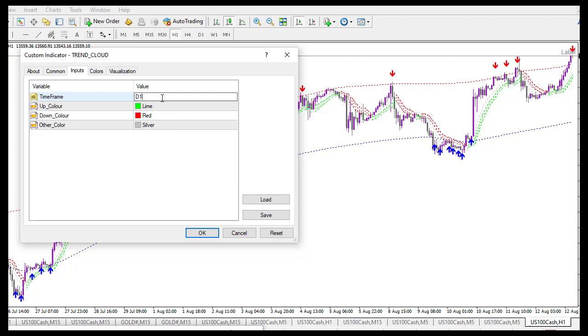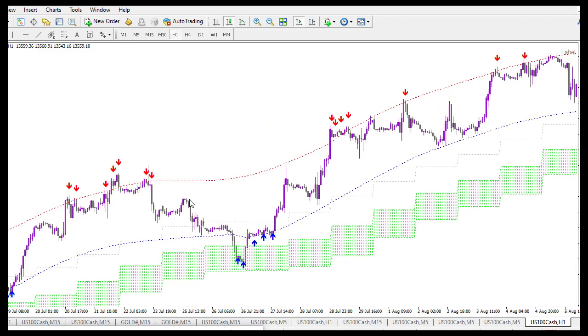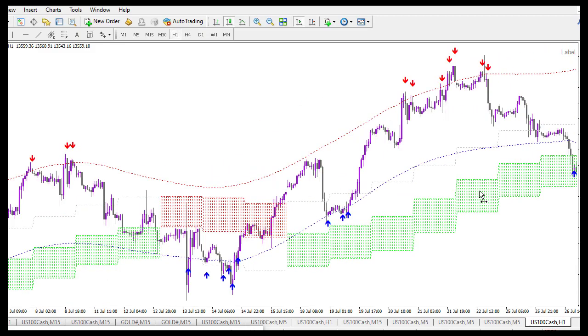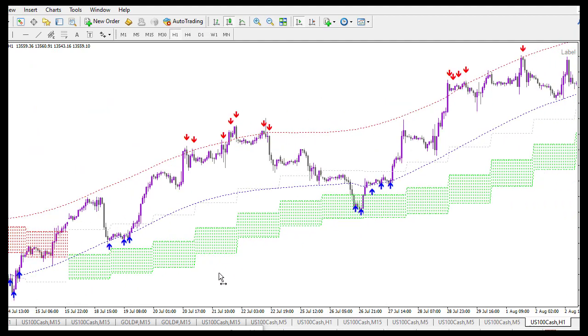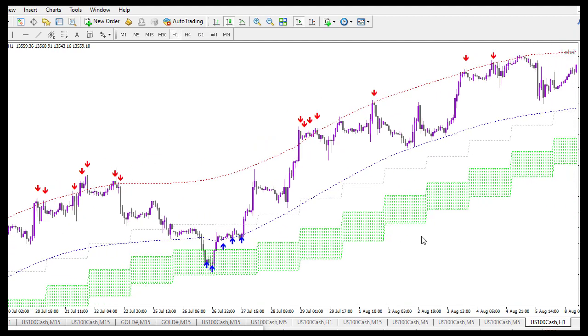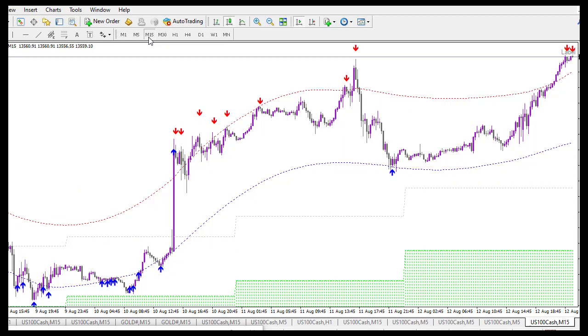So let's see what happened right now. Here it is right now. This is daily, because I want to trade on the higher time frame. And here is the setting. We change it to D1, and if I go back to 15 minutes, you might not even see it on your chart.